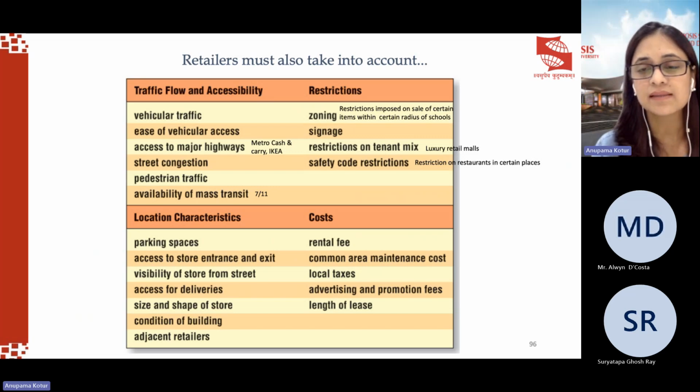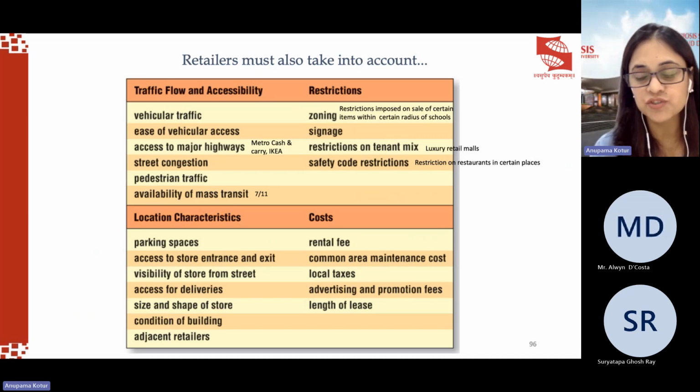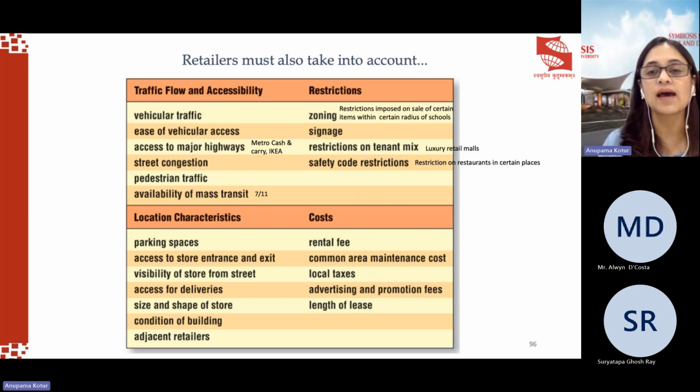In India, there is a rule that stores selling alcoholic beverages cannot be located within 500 meters of a temple or religious place, not necessarily just a temple, any religious place or a school. That means if a religious place of worship or a school is there within the 500 meters radius, you are not going to get a license to open a liquor store.